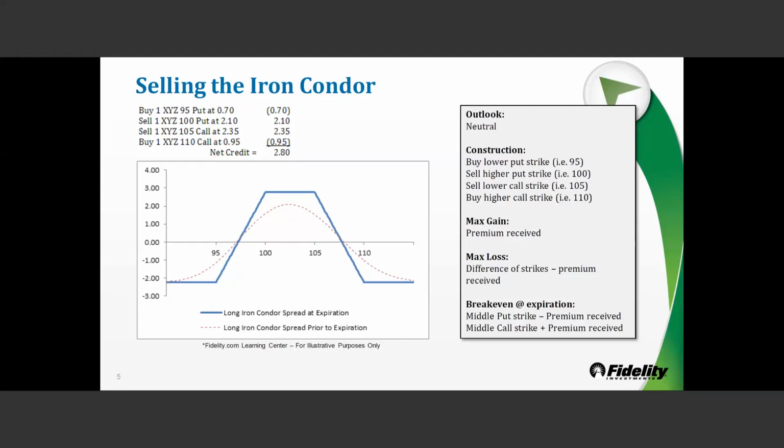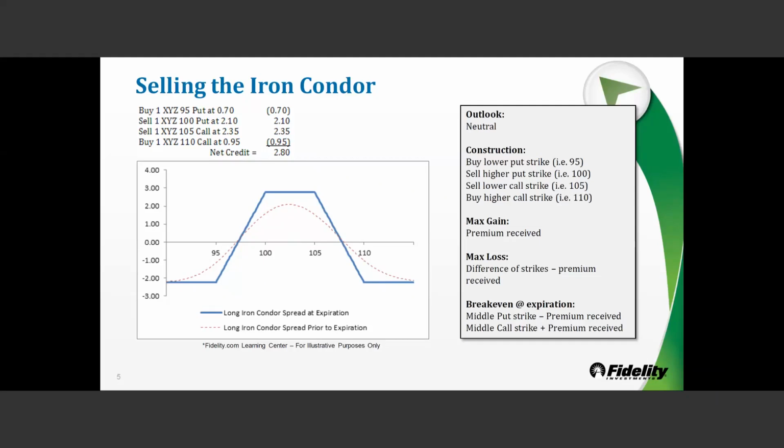The only way you should get into this position is if you have conviction that the current price of the stock is somewhere between 100 and 105, and you think the price is not going to change between now and the expiration date. If you expect the price to remain between 100 and 105, it's a neutral strategy.